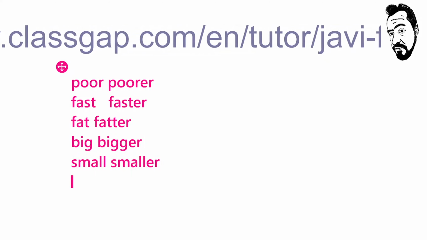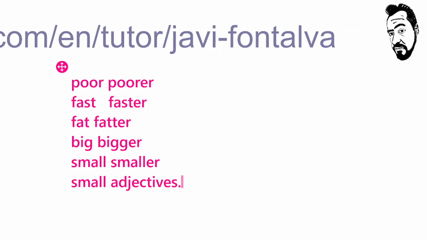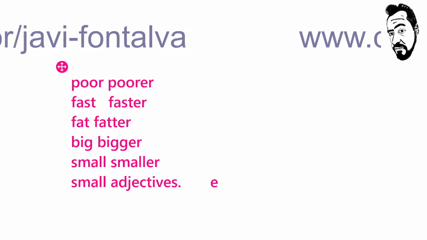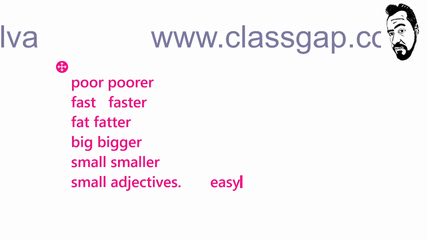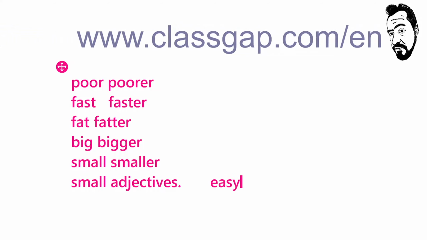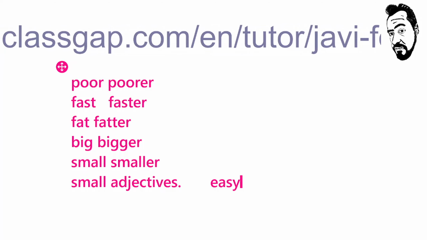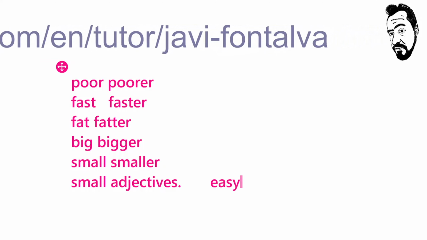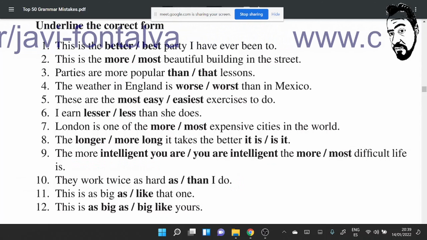Yeah. So when we're using a short adjective with one syllable or maybe two syllables, especially like easy, so easy, easier, we use this -er. Okay. If it's a long adjective like intelligent, we say more intelligent. We don't say intelligenter. Okay. So short adjectives, -er.